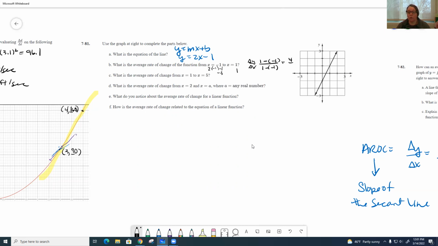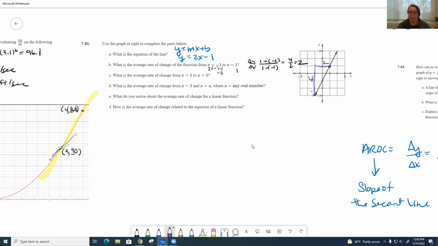So that would be 4 over 2, which is 2. Because what I'm doing here, from -1 to 1, is trying to find the slope between those points, like the slope of our secant line. Well, because the points are actually on the line perfectly, my rise is 4, my run is 2, it's just 2. My average rate of change is 2 because that's just the slope of the line.